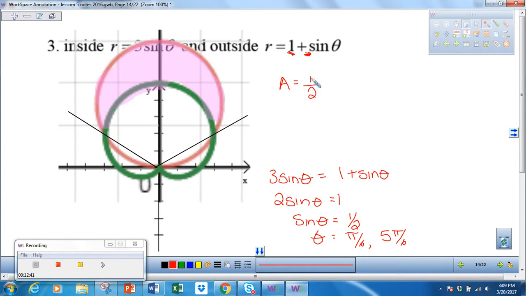So I'm going to integrate from pi over 6 to 5 pi over 6. And it's going to be top curve, which is 3 sine theta, minus the bottom curve.